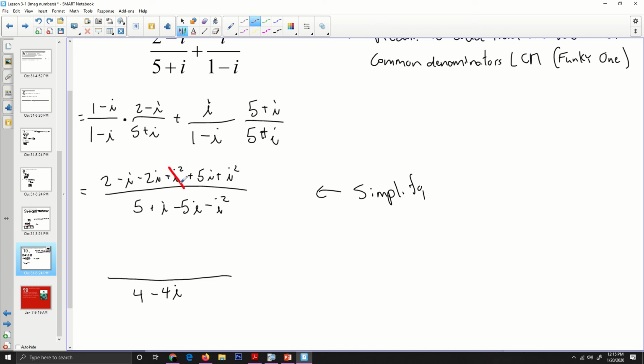So this negative 1 with this negative 1 cancel out that positive 2. That's okay. And then I've got negative i minus 2i would be negative 3i, plus 5i is going to be positive 2i. Now I still have an imaginary number in the denominator.